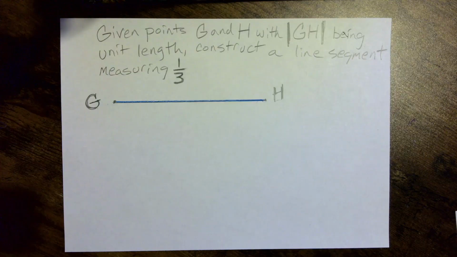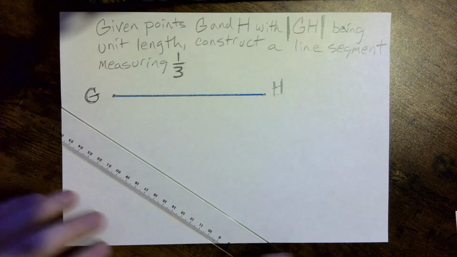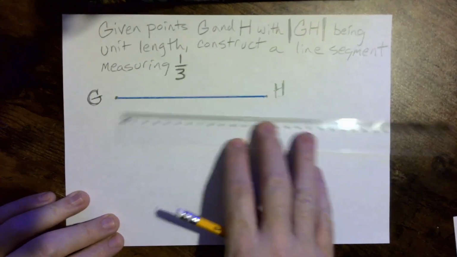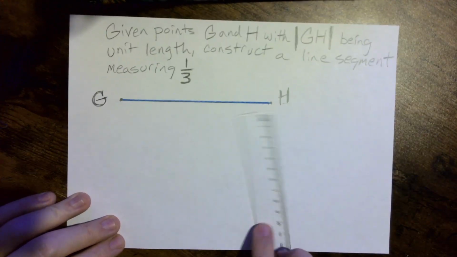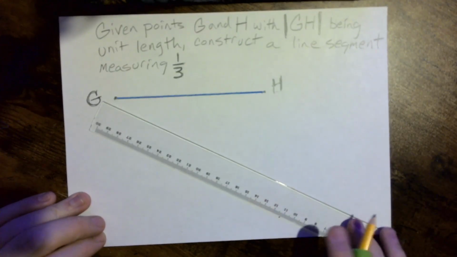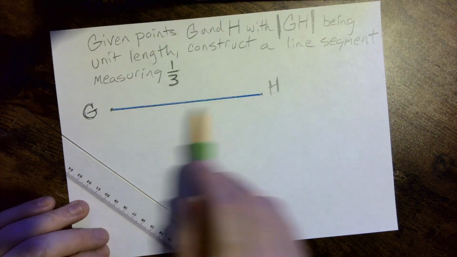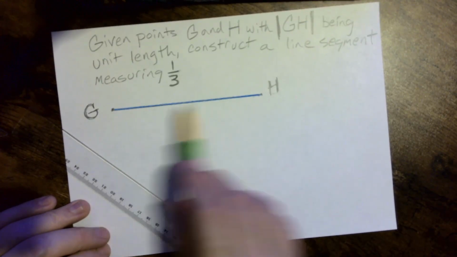Okay, and we're constructing using only compass and straight edge. There's a straight edge. And no, cannot measure here. Divide by 3, that's cheating. 1/3. So this is 1. This length is 1.